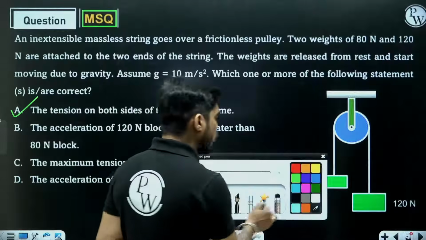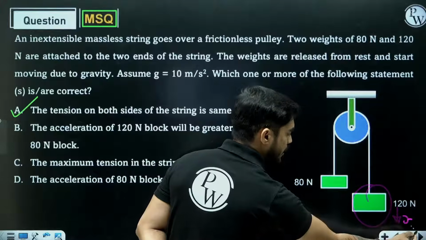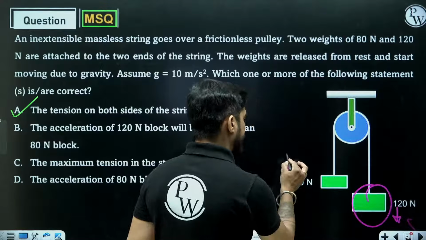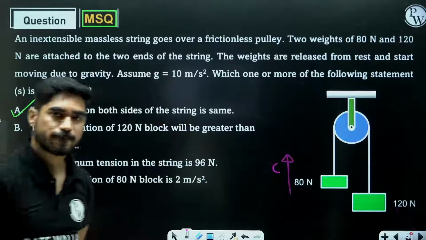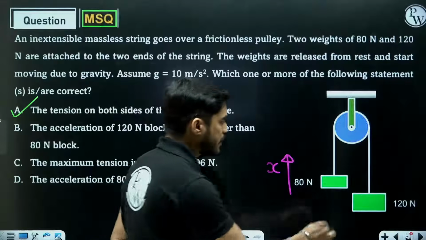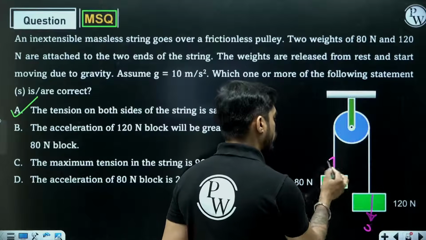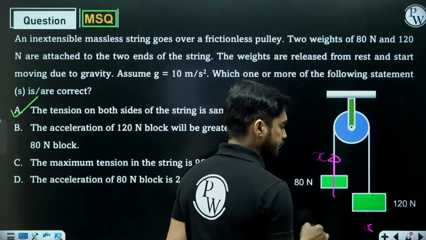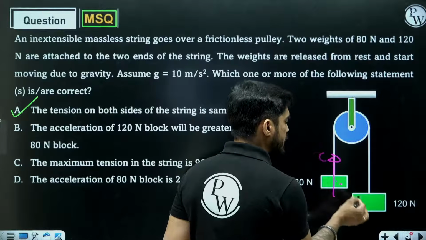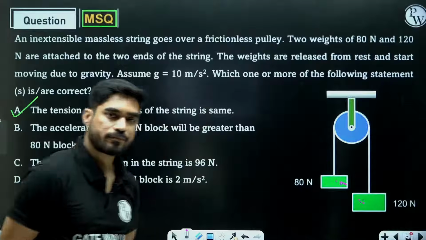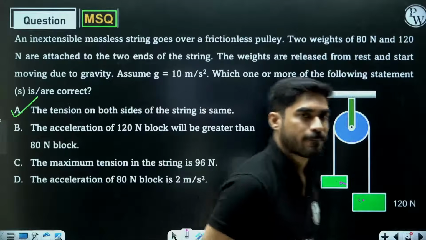If I move the 120 Newton block by x distance, the 80 Newton block will also move by x distance, right? They are connected in such a way that if I move it by x, this will also move by x. It means the displacement of both blocks is the same, just opposite in direction, but the magnitude will be the same.